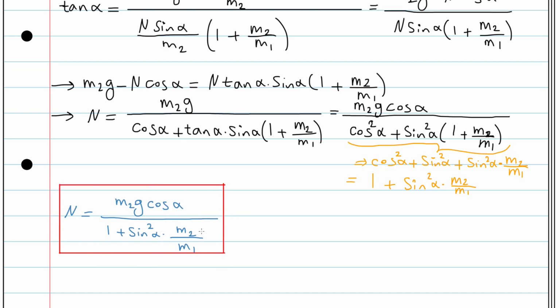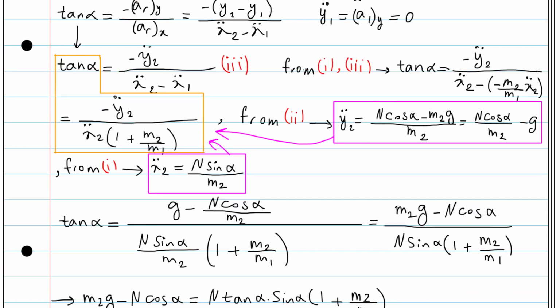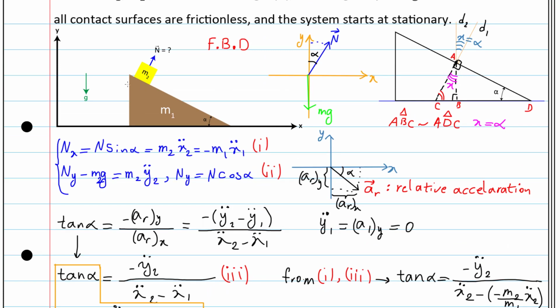To get more intuition of this formula, we discuss the case where m1 goes to infinity, which means that the ramp is essentially stationary. It doesn't move whatsoever.